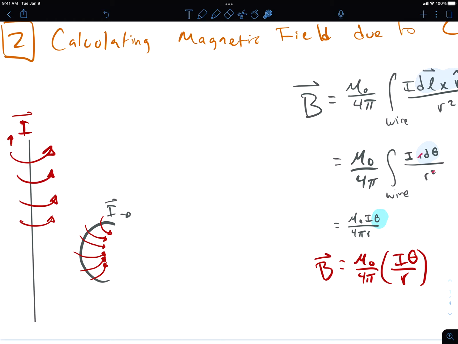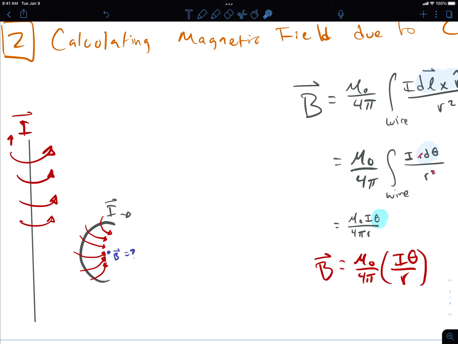So if I were to get the magnetic field at this point right here, then I have contributions from each length of the wire to that point.